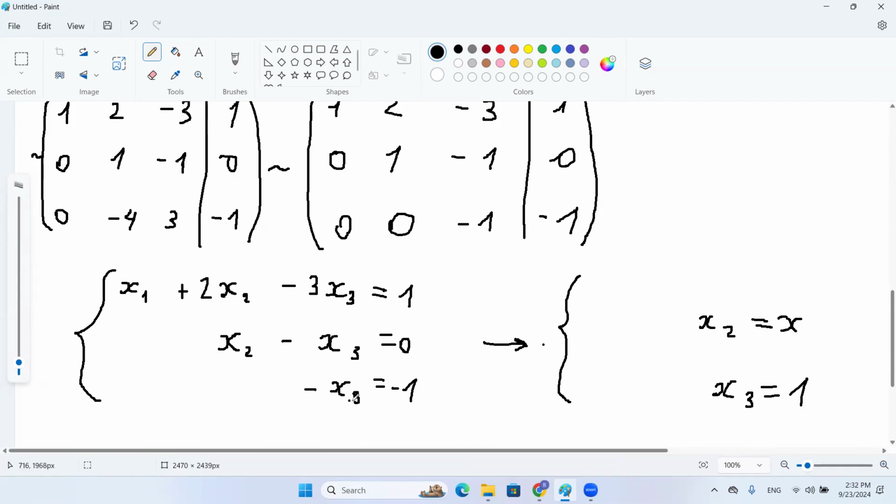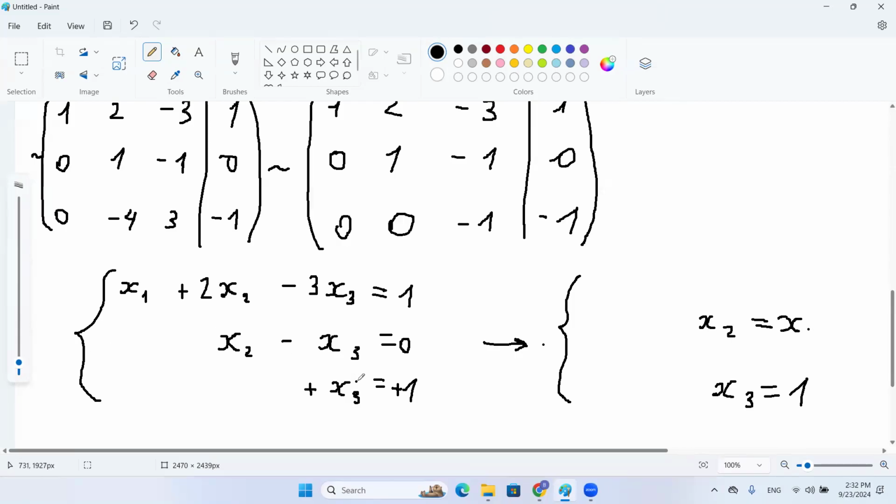So x3 equals 1. So we just eliminate minus here and have this one. And x2, so let's find x2. So spoiler. As I say, it's 1.